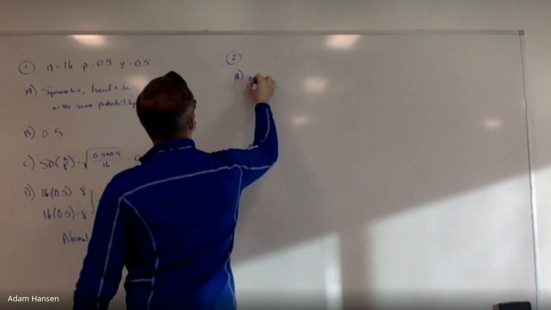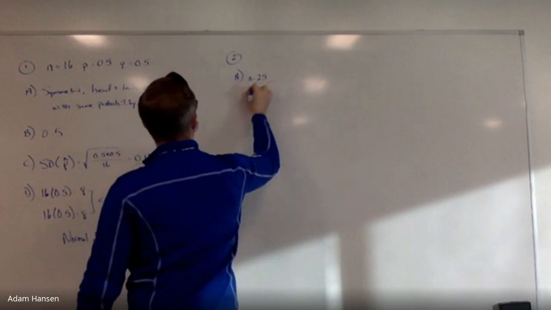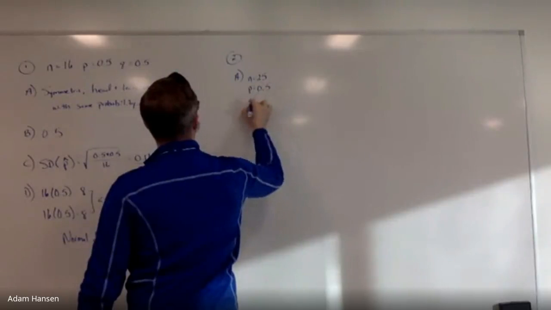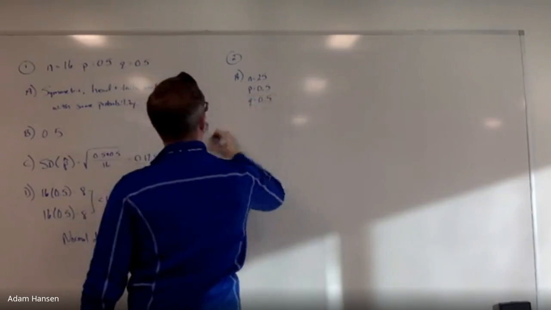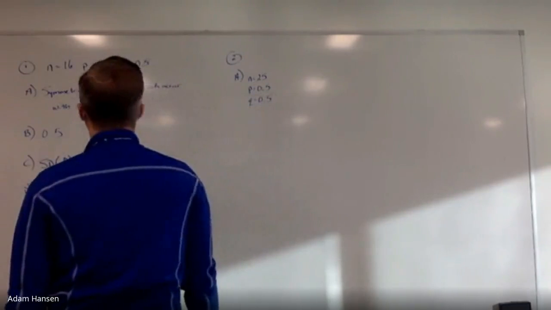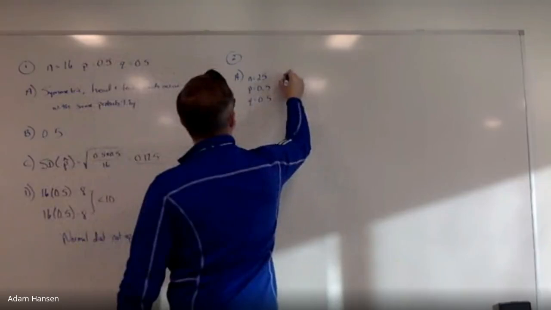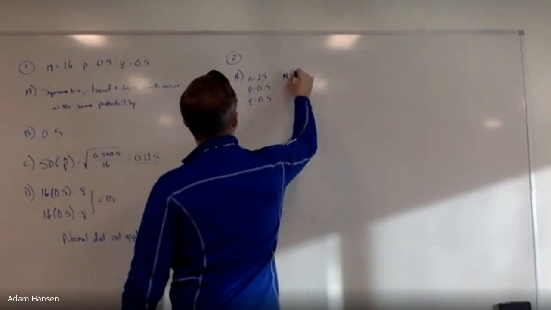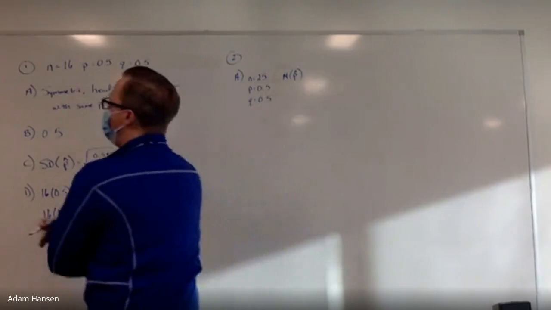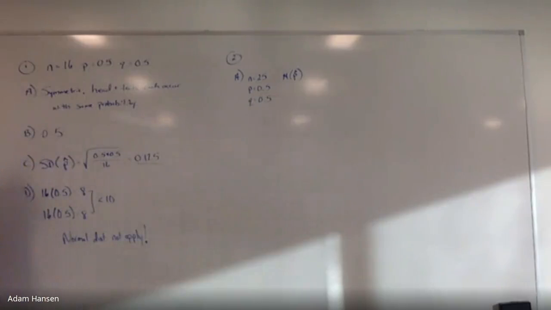So we're going to have n equal to 25, p equals 50%, q equals 50%. What would be the average of the proportions that came up heads? What would mu of p hat be? What proportion would I expect my students to tell me when I flip the coin 25 times?